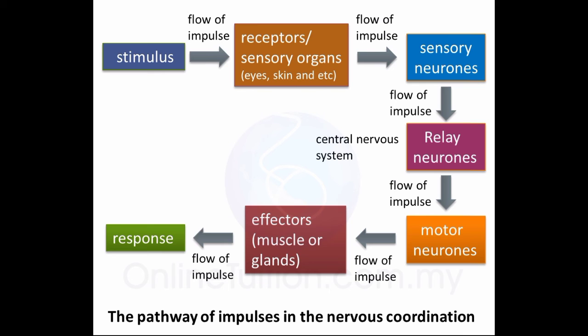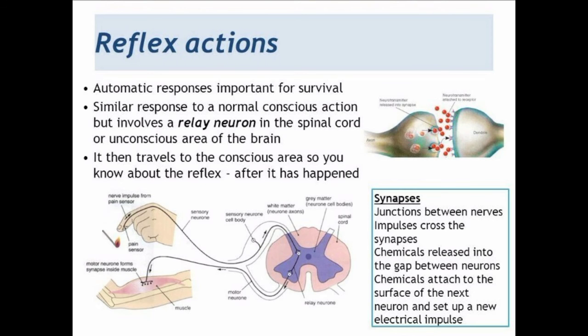Okay, actually reflex actions evolved before the complex brain, as they are very essential for survival. Automatic responses are important for survival. And what happens in a reflex action? When a reflex action occurs, it is directly controlled by the spinal cord, but the signals also go to the brain, so that we know what happened.